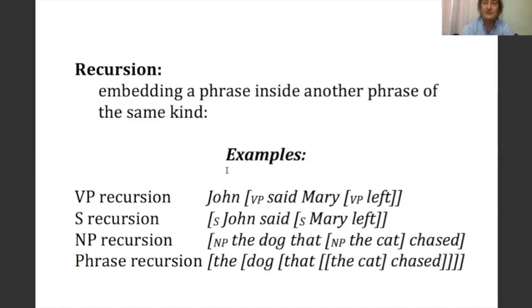Or we can just look at phrases. Anytime we put two expressions together, we end up with a larger phrase. The cat is a phrase. It's contained in a larger phrase, which is the cat chased. That's contained in a larger phrase, that the cat chased, which is contained in a larger phrase, dog that the cat chased, which is contained in a larger phrase still, the dog that the cat chased.